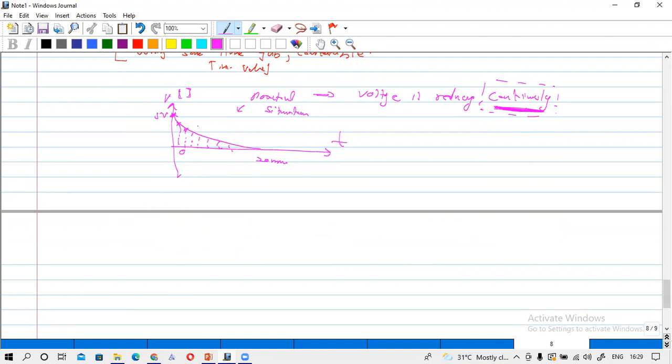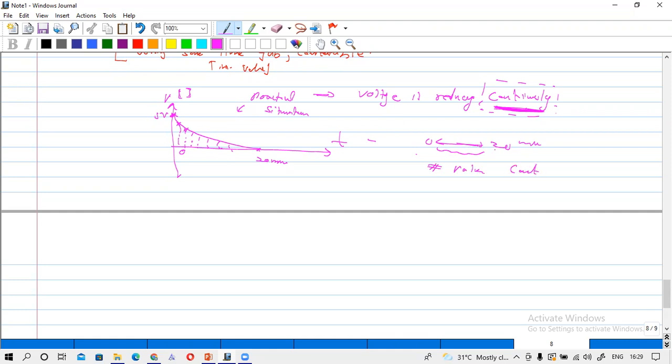you can see that the voltage is continuously reducing from 0 to 20 minutes. The battery is totally drained, let's say. Now, we discussed this earlier. Within 0 to 20 minutes, we can't count the number of values.